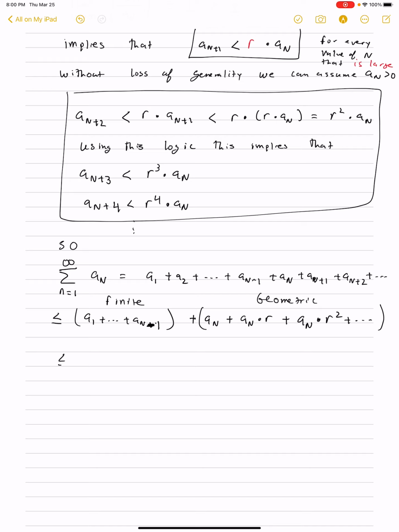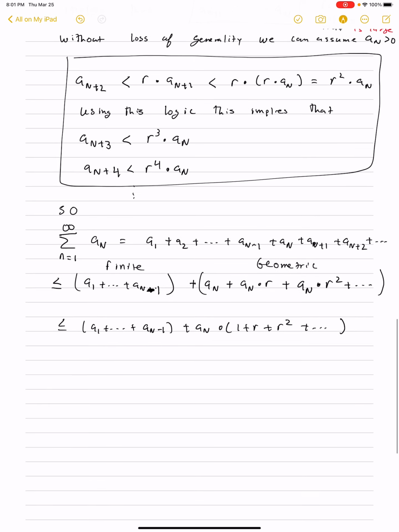So this is going to be less than or equal to this finite number, a1, plus through a sub n minus 1, plus a sub n times 1 plus r plus r squared, and so on. So this is going to be less than or equal to a sub 1 plus through a sub n minus 1, plus a sub n divided by 1 minus r.